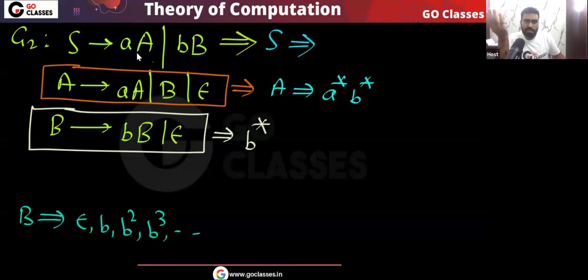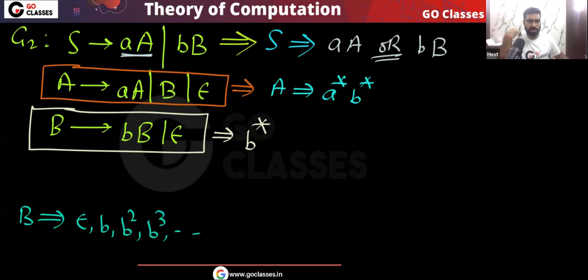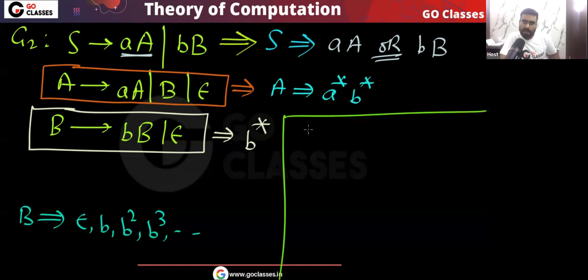You can see either the start variable will generate AA or it will generate BB. Understood? So from the start variable, you can notice either I can generate BB, that simply means B plus, yes or no? Or AA.